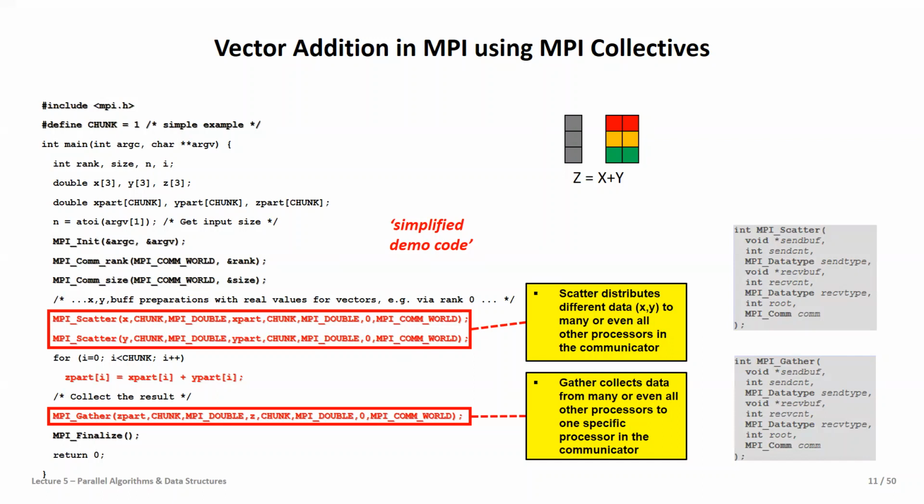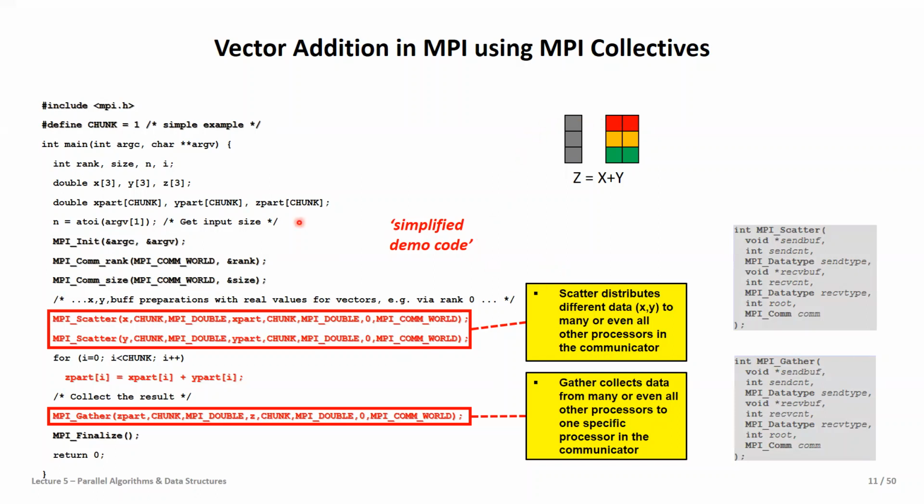Now you can imagine that all of these X parts and Y parts remain on different processors in order to do the job. And this is the interesting thing, because inherently this is independent parallel. The Z parts can be computed just by adding the different X and Y parts.